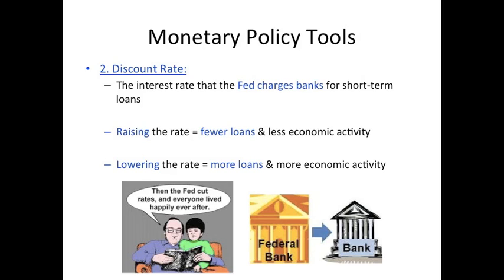Now an interest rate is the charge to borrow money. So if the Fed raises the discount rate, this would discourage the bank from lending more money out. So that would lead to fewer loans and less economic activity because it's making the charge to borrow money higher.